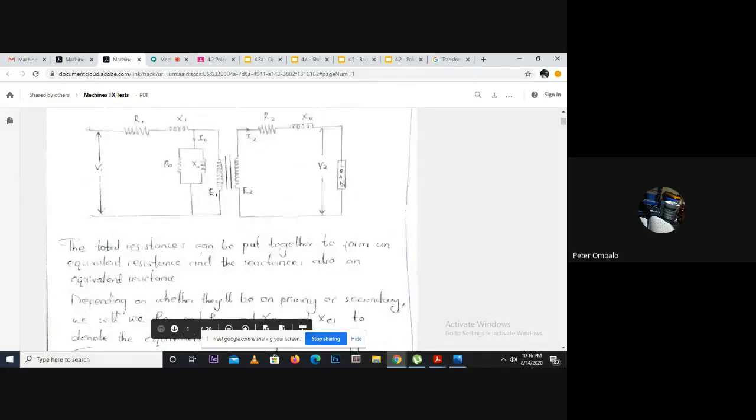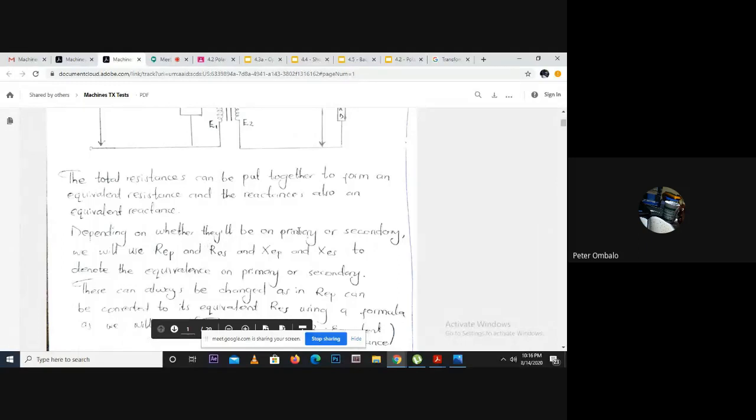So the total resistances can be put together to form an equivalent resistance, and the reactance is also an equivalent reactance. Depending on whether they will be on the primary or secondary side, we will use R equivalent primary, R equivalent secondary, and X equivalent primary and X equivalent secondary to denote the equivalence.